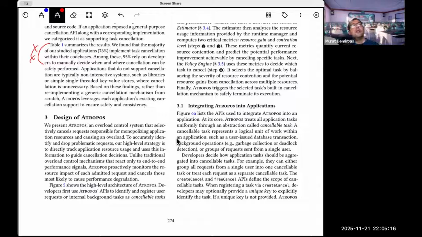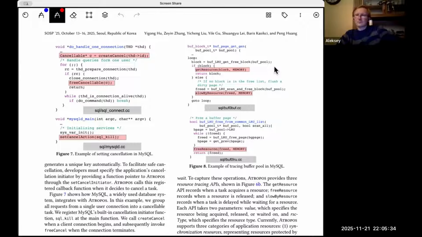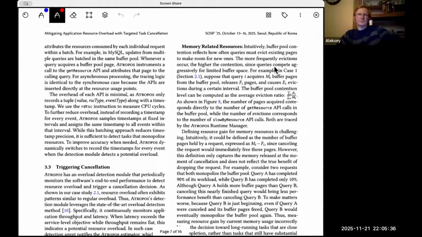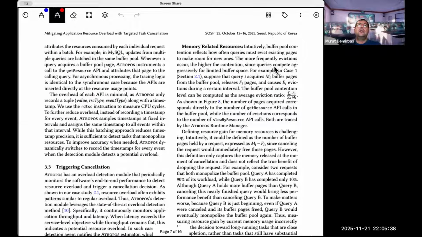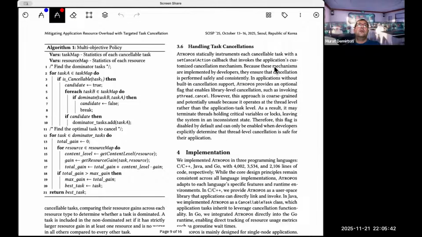Okay, let's look at section three, the design of Atropos. In 3.1, integrating Atropos into applications. Example of tracing buffer pool in MySQL. I guess they are adding these instrumentations, triggering cancellation, algorithm one, implementation.